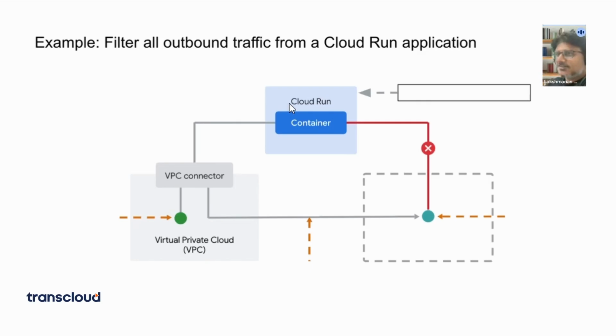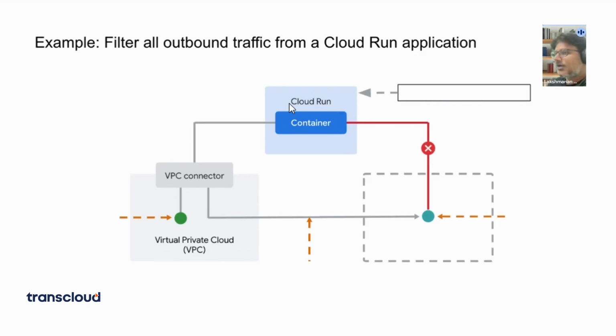But in scenarios like this, we actually want to have a static outbound IP, right? Which is typically implemented with a feature called Cloud NAT. So what we will do is set the egress traffic to all and make sure all the traffic comes to our VPC. Then in the VPC, we will have a NAT gateway with a single or multiple static IP addresses. Then only that NAT gateway IP will be seen by your third party.